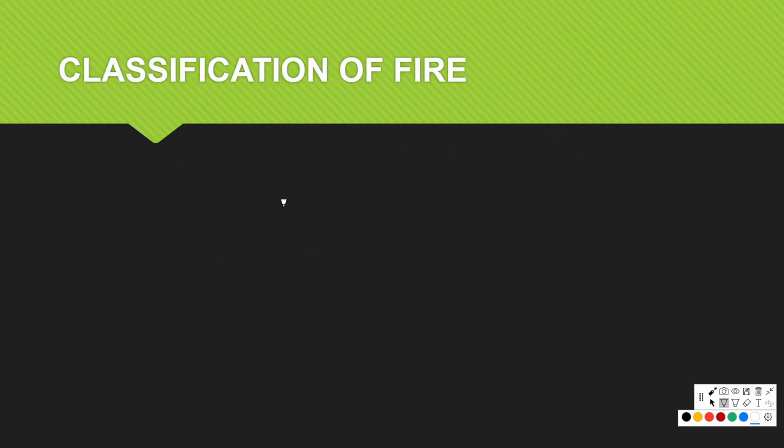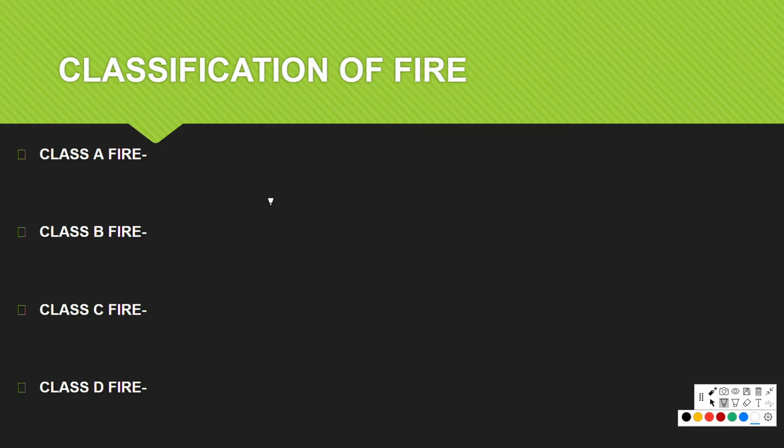So let's discuss the classification of fire. There are totally 4 to 5 classes of fire. Let's discuss one by one. Class A fire: fire caused easily due to combustible solid materials of organic nature such as wood, paper, cloth, etc. If the fire is caused through these materials, then it's called Class A fire.